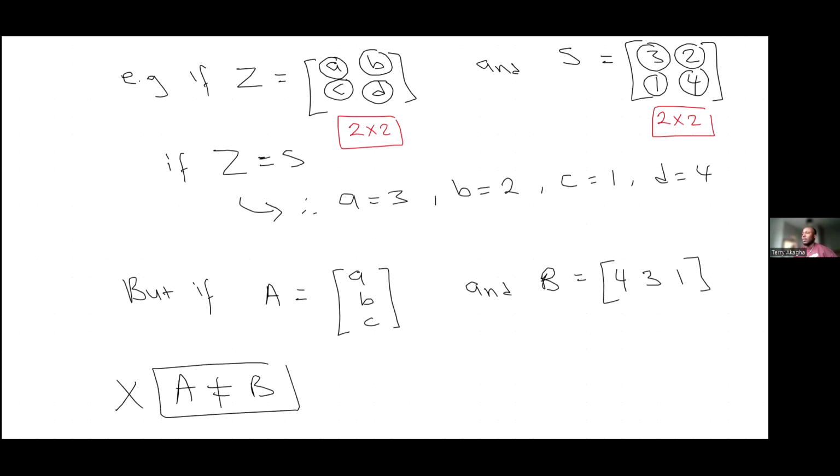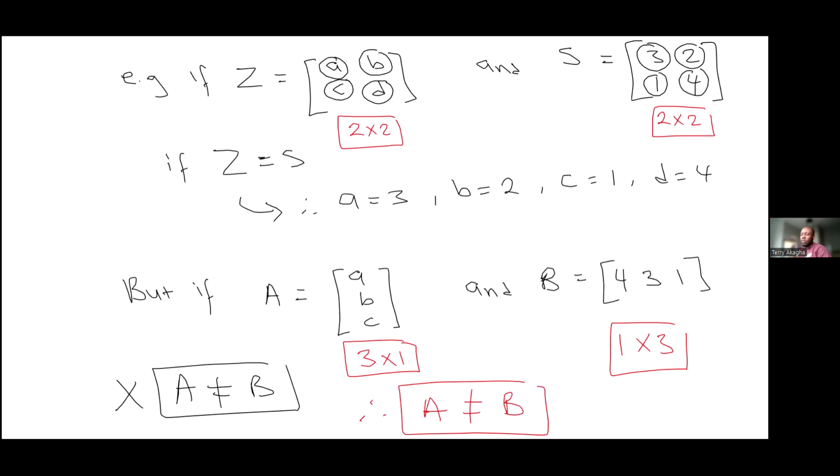This is a 3 by 1 matrix, while this is a 1 by 3 matrix. Because they are not of the same order, A can never be equal to B. So the two matrices must first be in the same order, then before you can directly compare them.